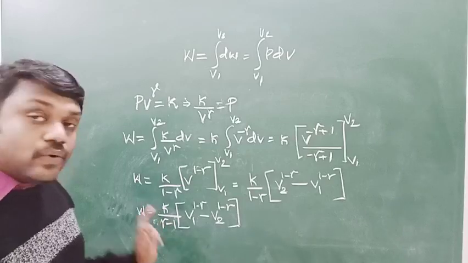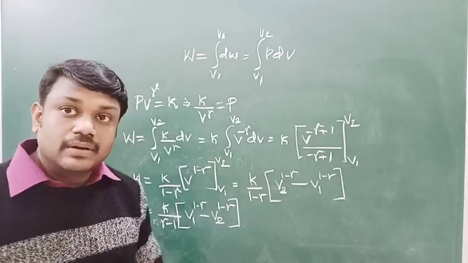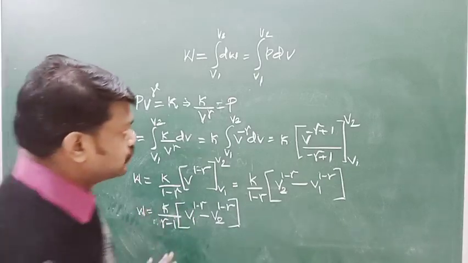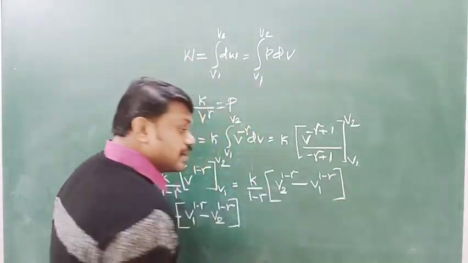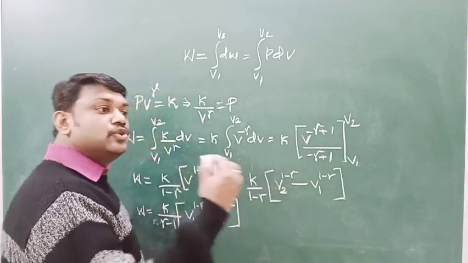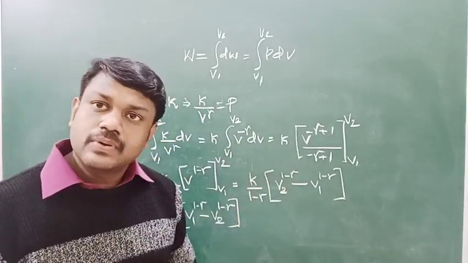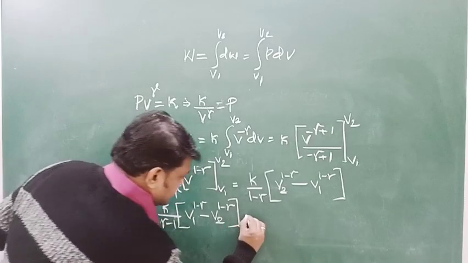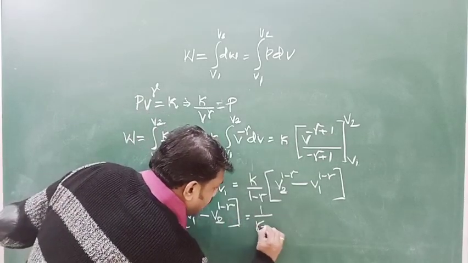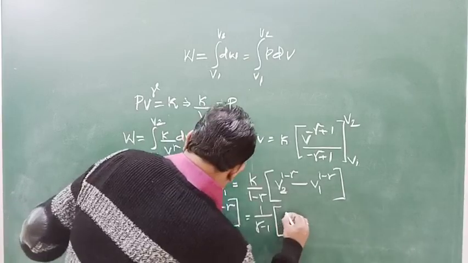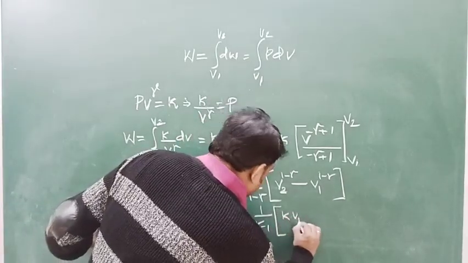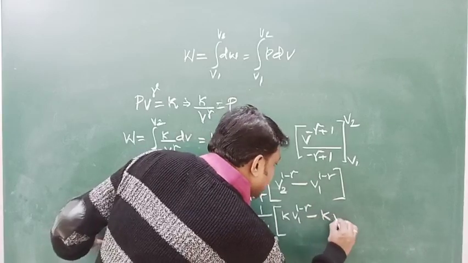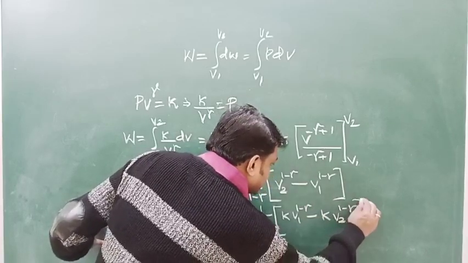And according to our adiabatic equation, PV power gamma equal to a constant, so we have P1 V1 power gamma equal to P2 V2 power gamma equal to constant K. So when you take this K inside, this becomes 1 by gamma minus 1 into K V1 power 1 minus gamma minus K V2 power 1 minus gamma.